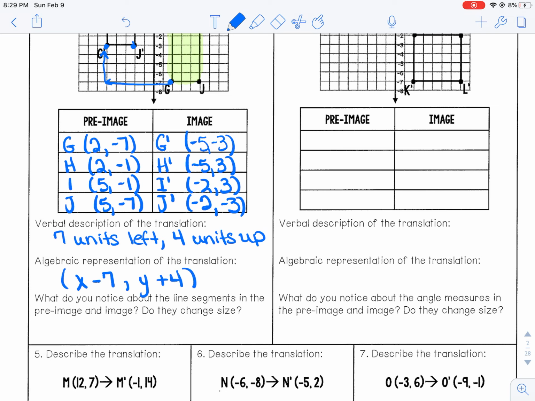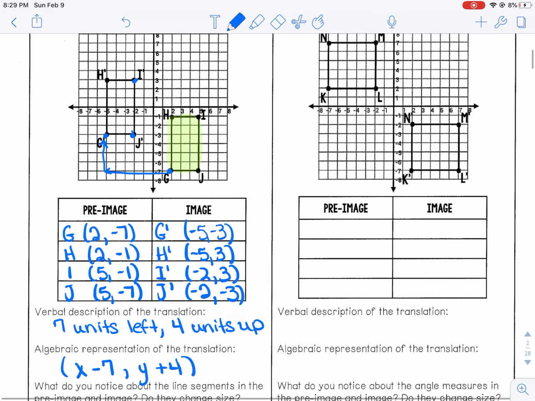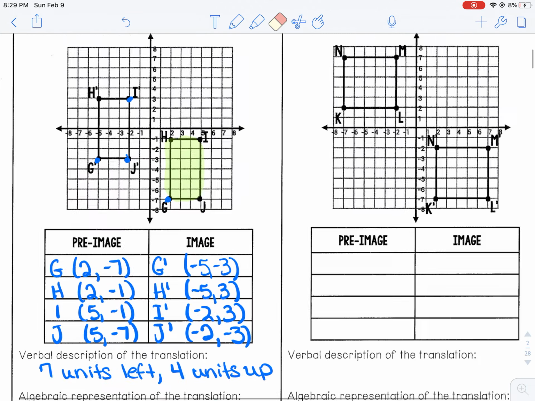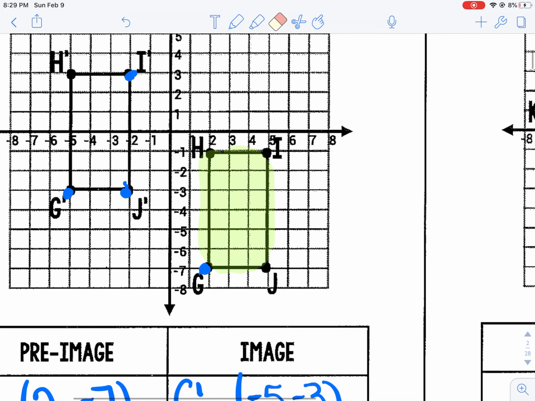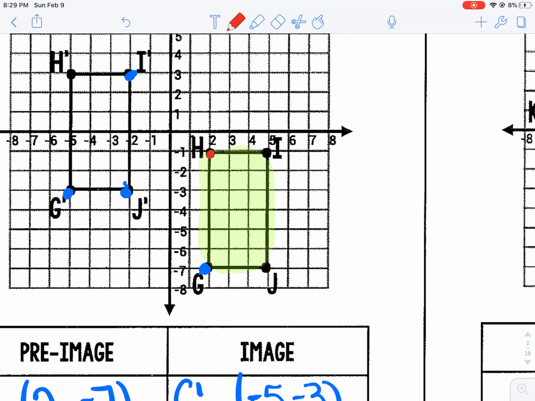Okay, it says, what do you notice about the line segments in the pre-image and in the image? Do they change size? So let's kind of zoom in and see what they're talking about here. So if I were to look at the pre-image line segments compared to the image, if I were to look at segment H to I, that is 1, 2, 3 units.